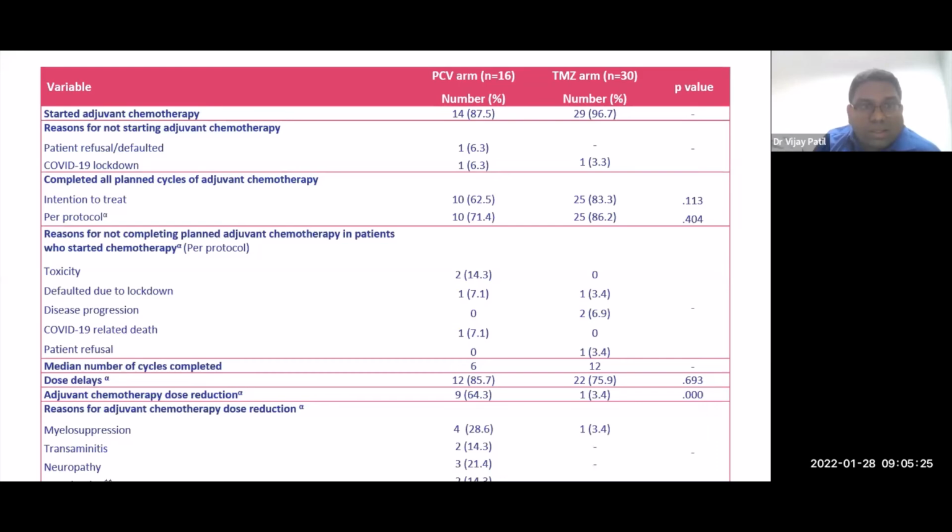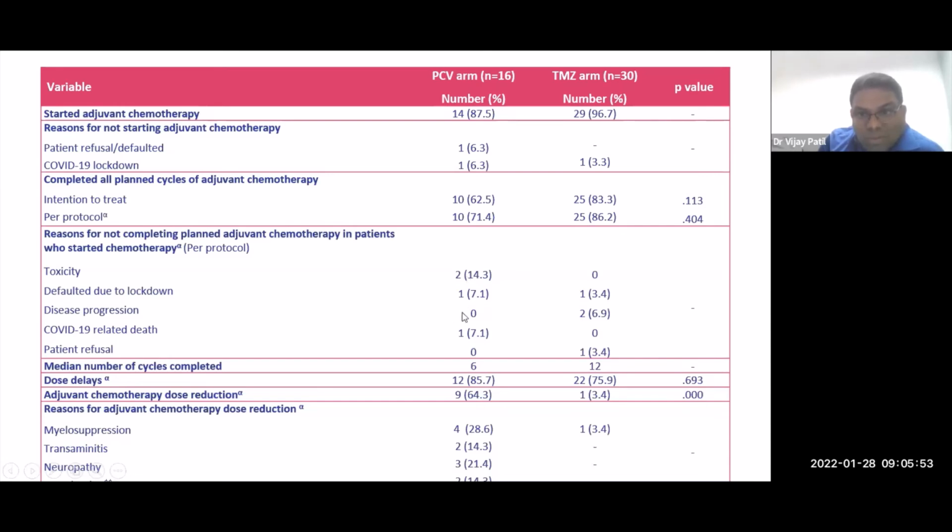If you look at this per protocol analysis for completion of adjuvant chemotherapy, this was 56% for those receiving temozolomide, and we have PCV rates of around 71%. The reason I've said per protocol is because two patients here actually didn't start, one because of COVID lockdown and one of default. If you see the reasons for not completing, our main reason was toxicity.